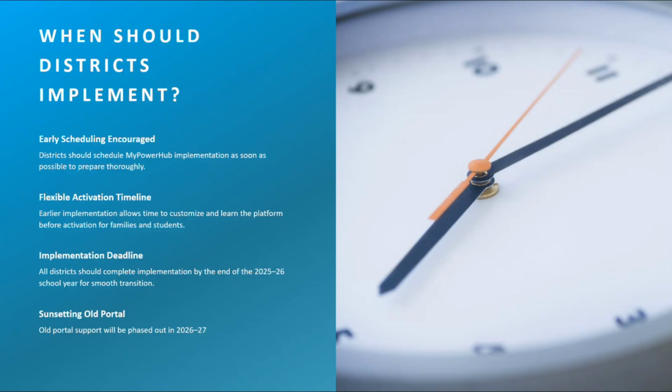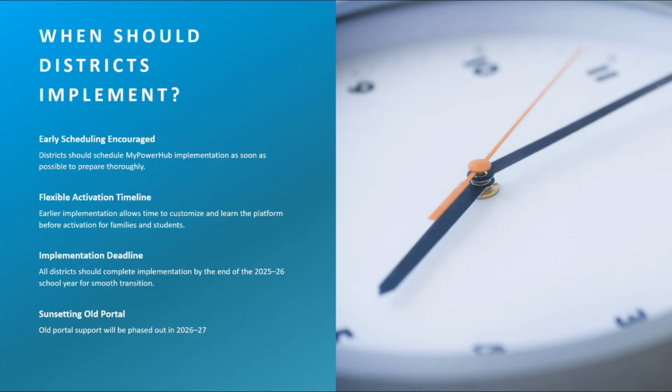Again, our goal at Meta is to have all districts implemented by the end of the 25-26 school year. At this time, our plan is to start phasing out the support for the parent-student portal for the 26-27 school year.